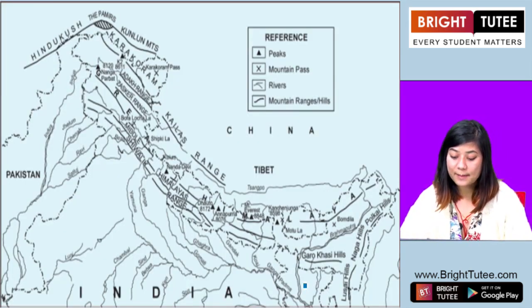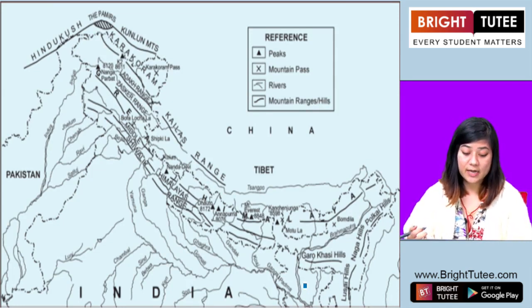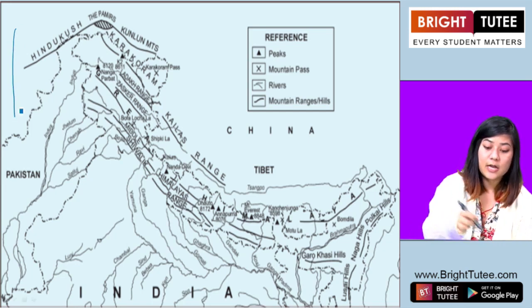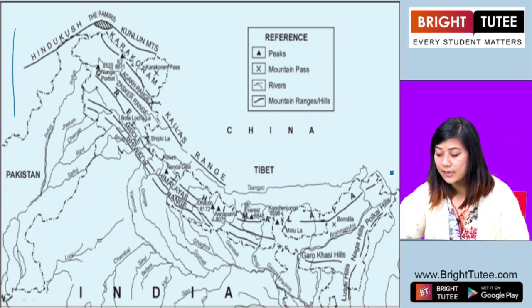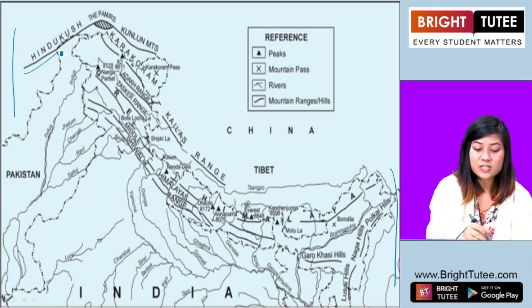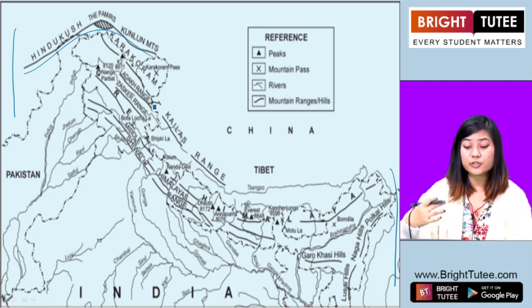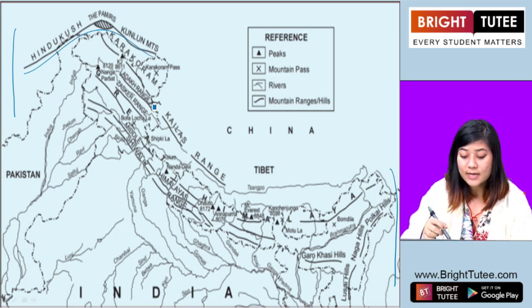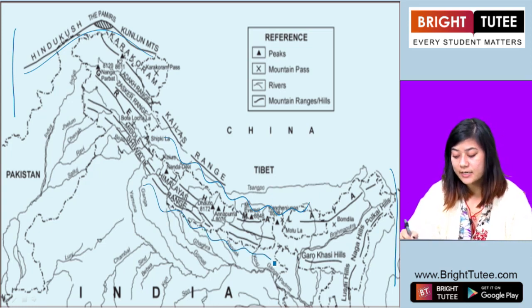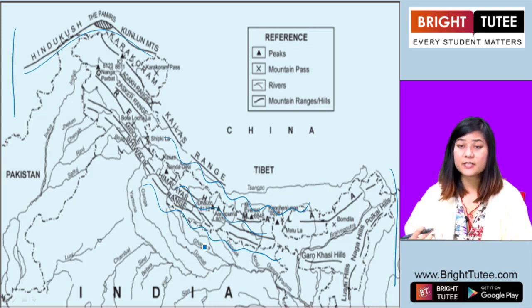So here is a map of the northern part of India, and here you can see how the Himalayan range extends from Hindu Kush in the west and the Naga Hills, Patkai Hills in the east. Okay, so you can see the ranges vary according to their altitude, their height.